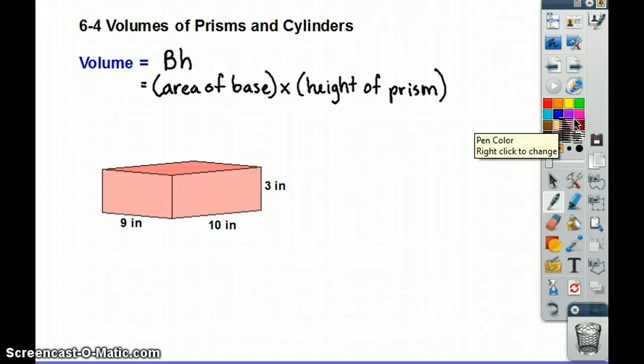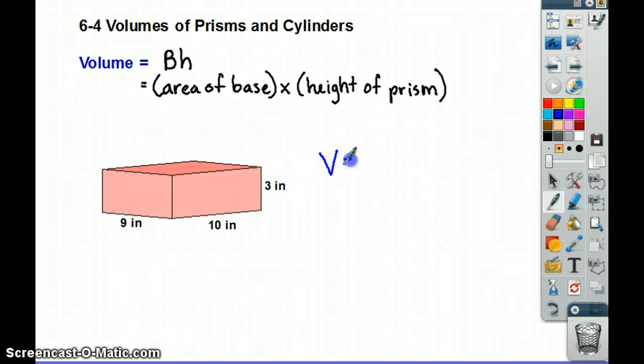So I have this rectangular prism drawn. So go ahead and draw that in your notes. And I want to find the volume of this. Well, rectangular prisms are the easiest ones to deal with because it's easy to find the area of the base.